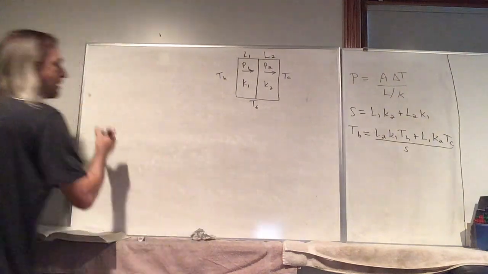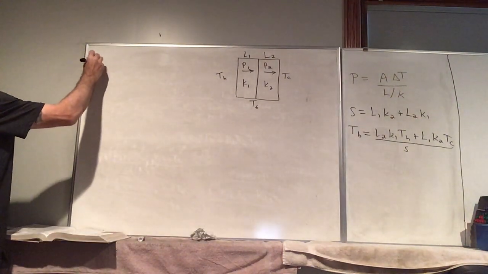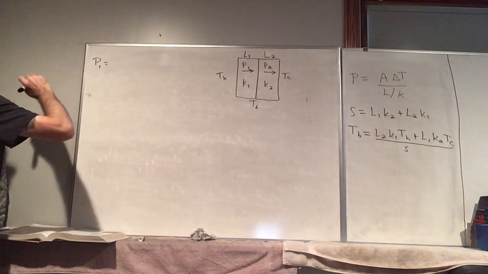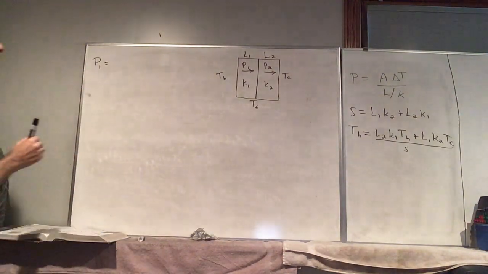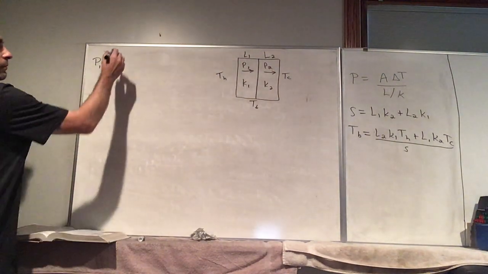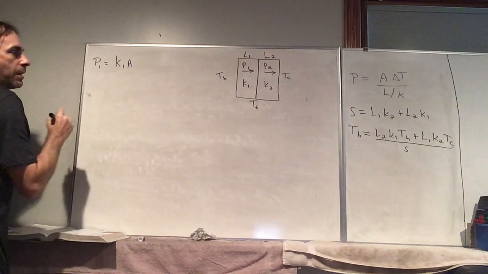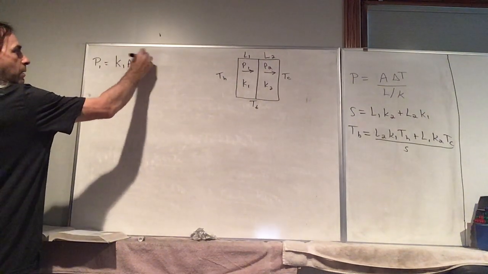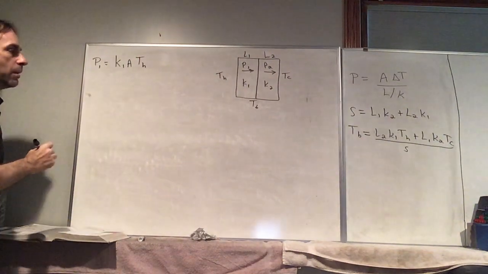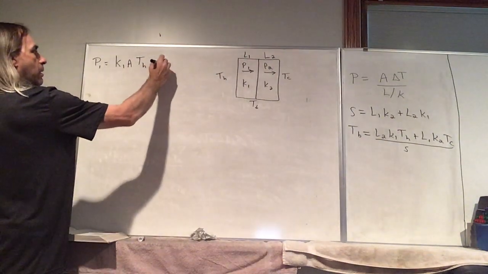But let's just calculate, say, P1. So here we have K1A times delta T. I'll distribute.